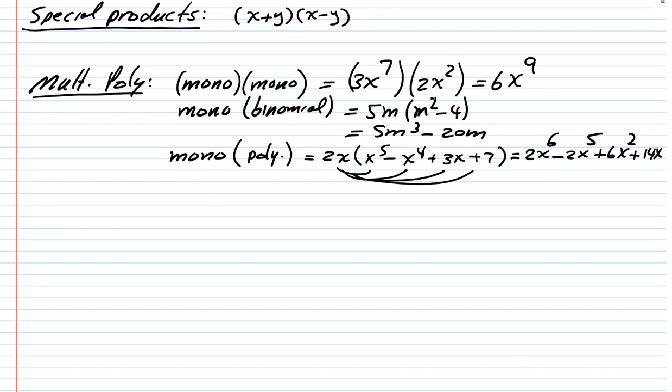Now the case where we have a binomial, like this one, a special product that we're about to talk about. Suppose I'm doing (a + b) times (a + 3b), something like that. So to do this kind of a product, a binomial times a binomial, you really do an extended form of the monomial times binomial. So what I mean is this: you multiply a monomial times a binomial, just like that one.